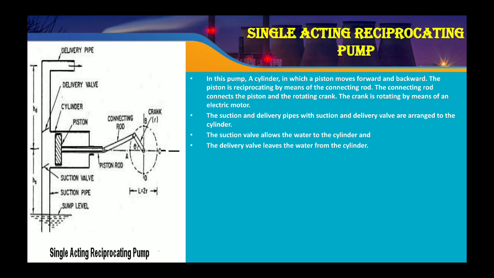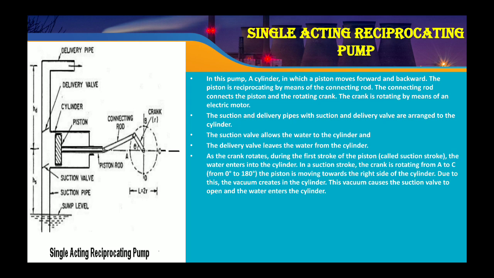Next, as the crank rotates, during the first stroke of the piston, called the suction stroke, the water enters the cylinder through the suction valve, and the crank is rotating from A to C. That means from point A to point C, that is 180 degrees, or 0 to 180 degrees, and the piston is moving forward.